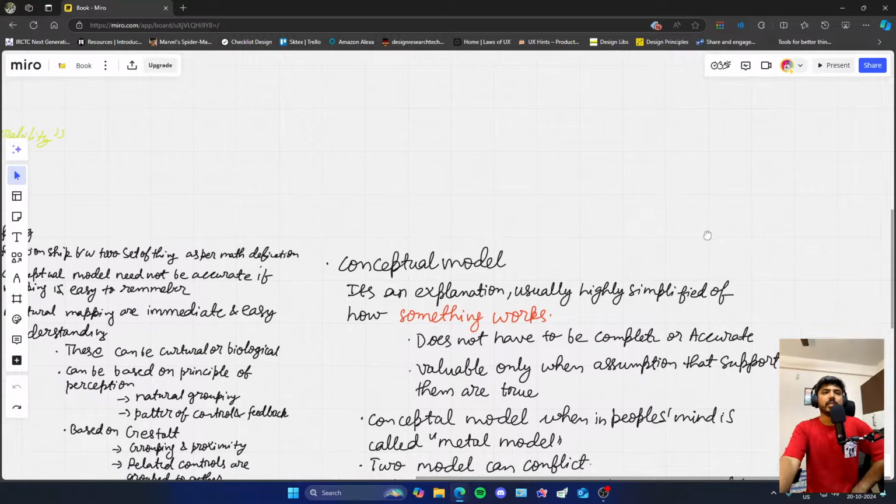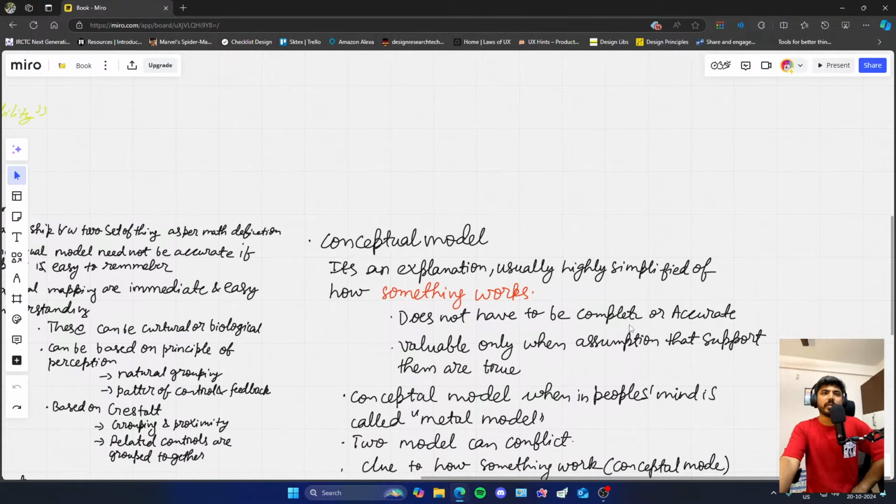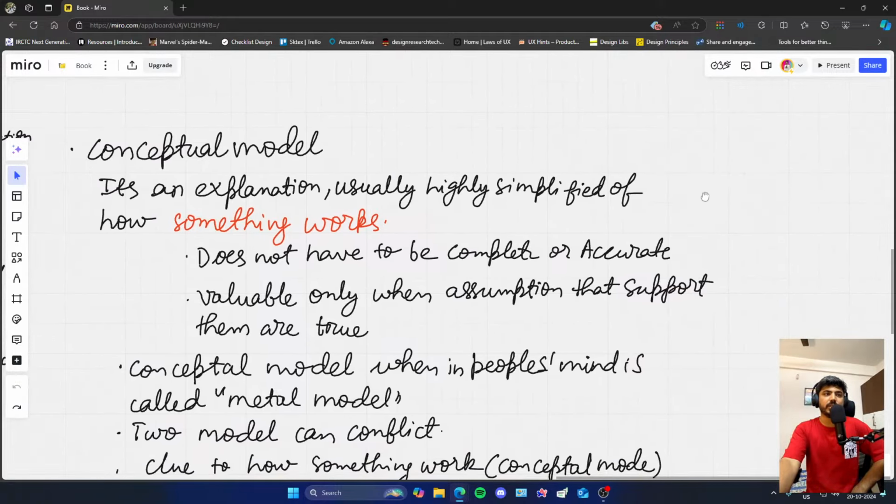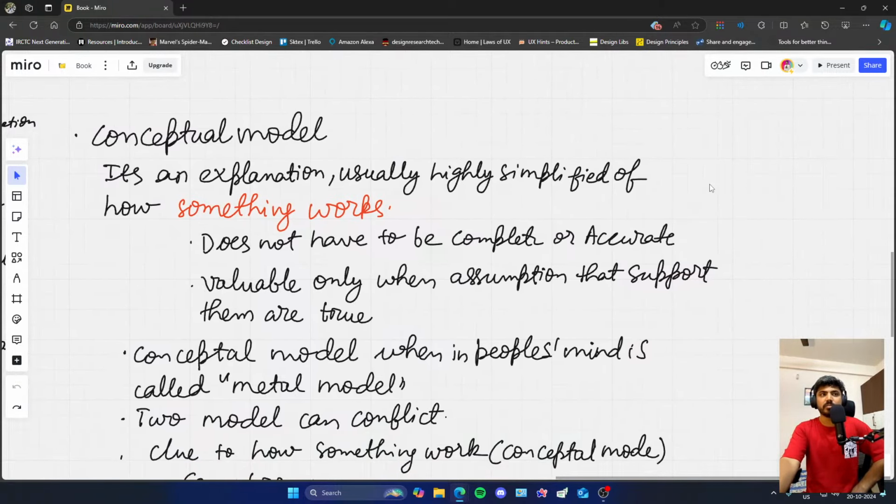So conceptual models explain how some things work. They don't have to be complete or accurate. They are only valuable if they are supported by true assumptions. If the assumptions on which the conceptual model is based are not true, then the conceptual model is useless.